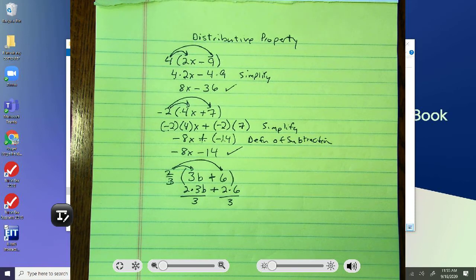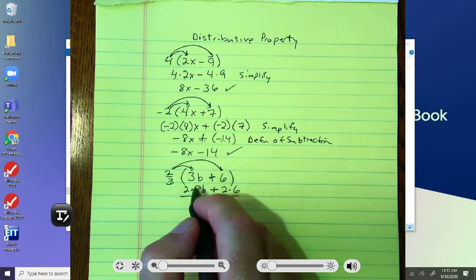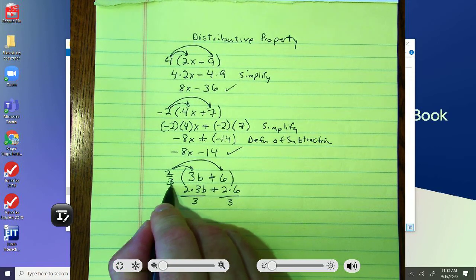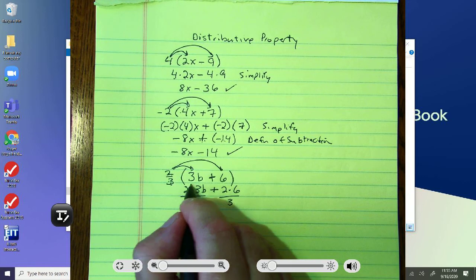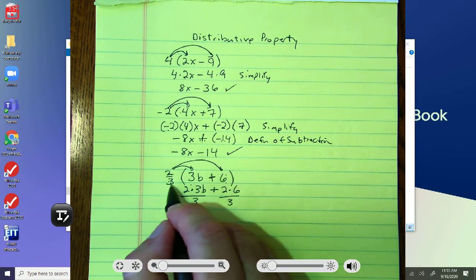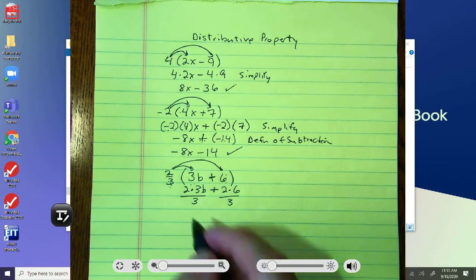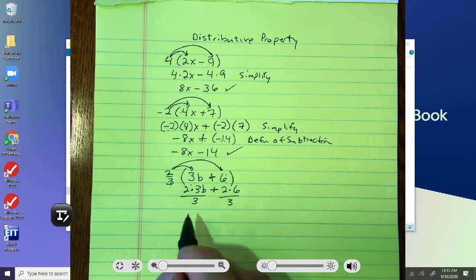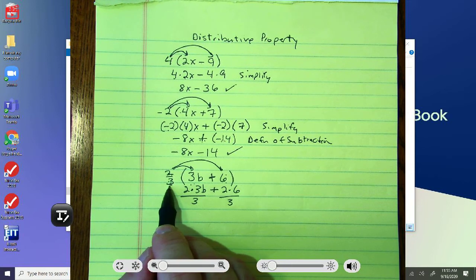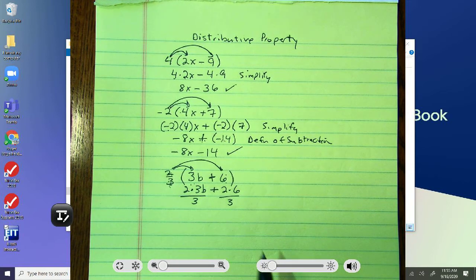So instead of throwing it all out there at once, let's do it in pieces and piecemeal this thing. This tells me that I'm going to multiply everything by 2, and because 3 is a denominator on the bottom, I'm going to divide each term by 3. If you can think of it that way, that this fraction is just telling you what operations to use, the bottom is a division and the top is multiplication, that may be helpful.